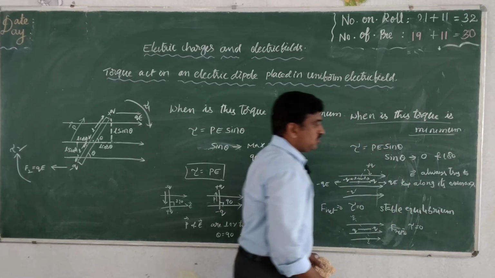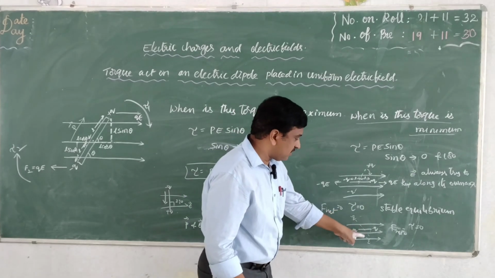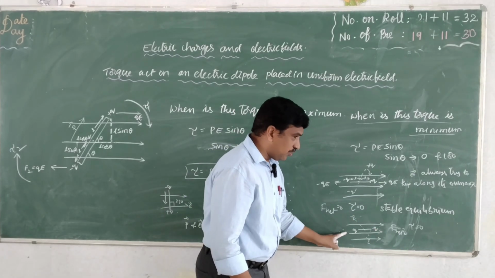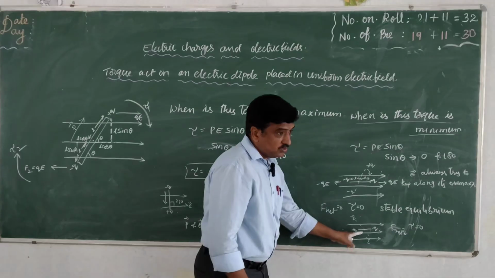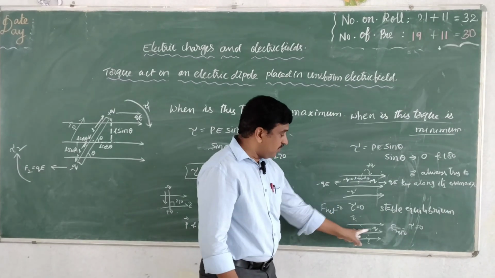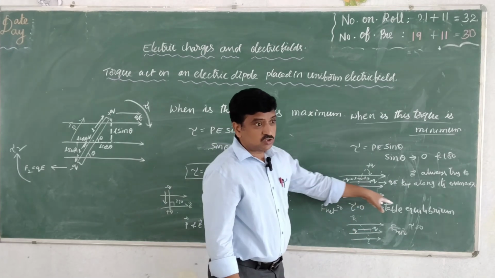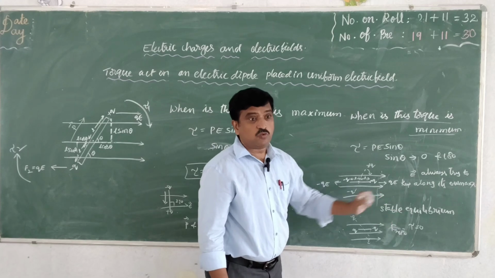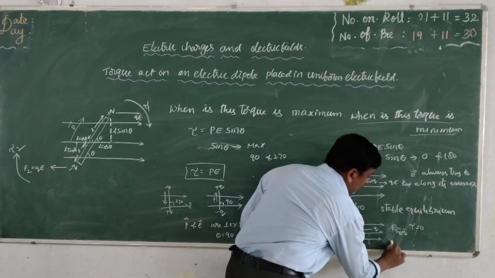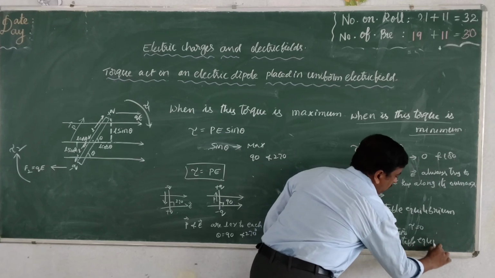Here two equal forces act, minus qE and plus qE, but once slightly displaced, it does not get its original position. So we can say this is unstable equilibrium.